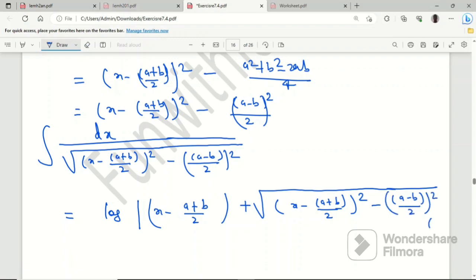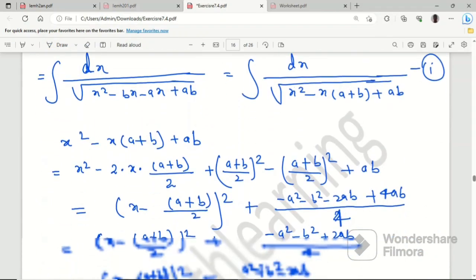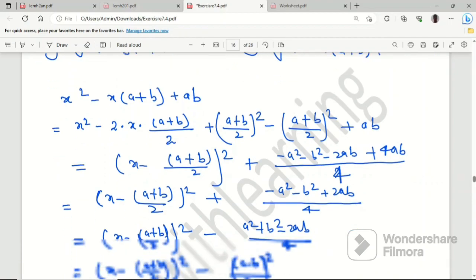Although now they must have expanded it. So even after expanding, I will get the same quadratic equation, x squared. So I'm directly writing the same thing.